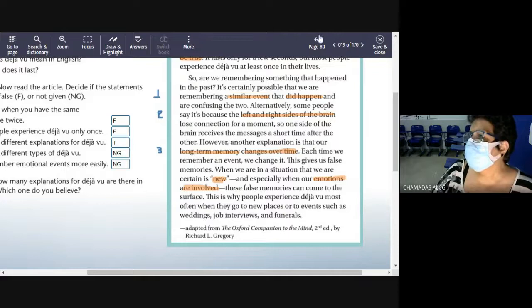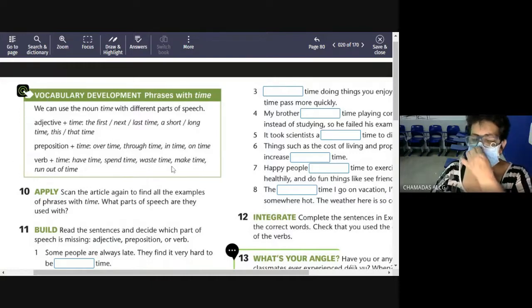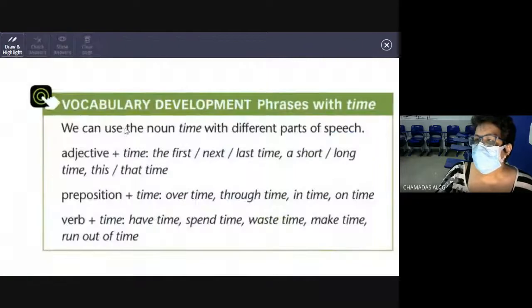All right. That's interesting. So let's take a look just at the beginning of this page here. I'm not going to start the whole page because we don't have much time, but I will just introduce the page, okay? As we are talking about time, we have some phrases with time that we can use. We can use the noun time with different parts of speech.